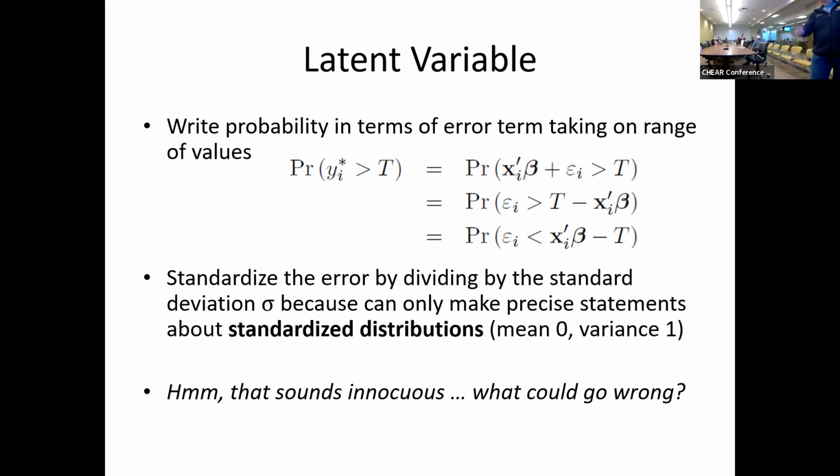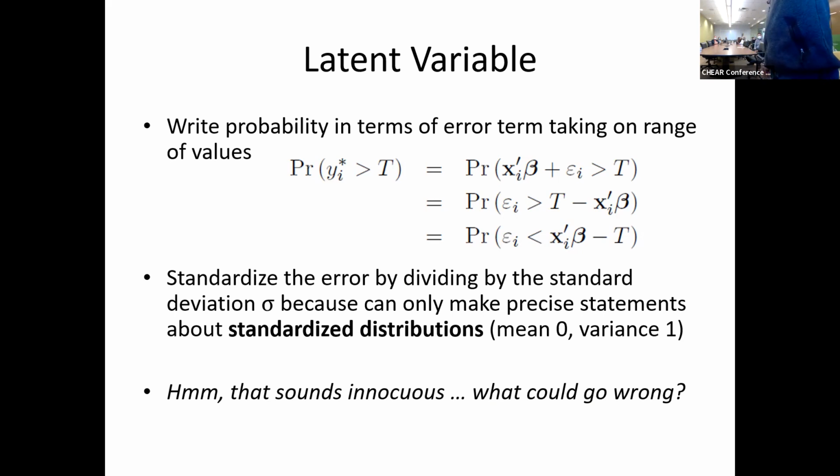That's from the original OLS model. Rearranging, that's the probability that the error term is bigger than t minus x prime beta, or flipping things around due to symmetry, we can say the probability that the error is less than this amount. Now the threshold here we can absorb into the constant term, doesn't really matter.